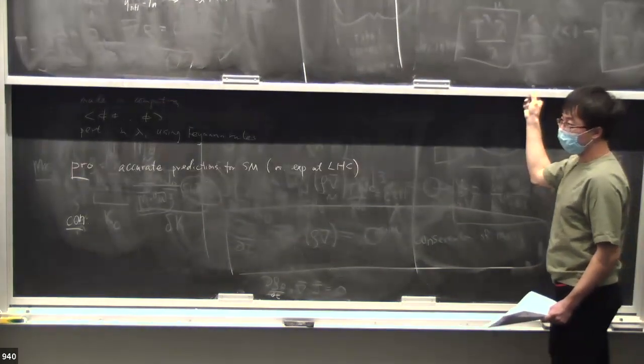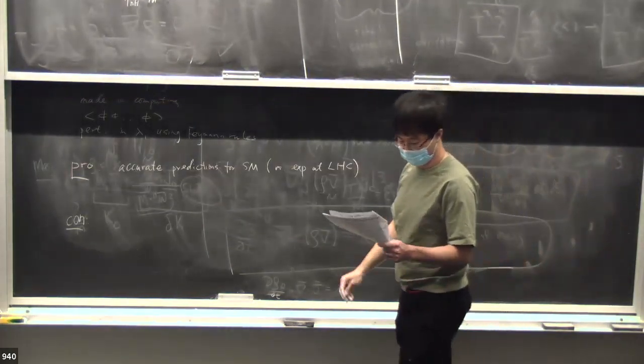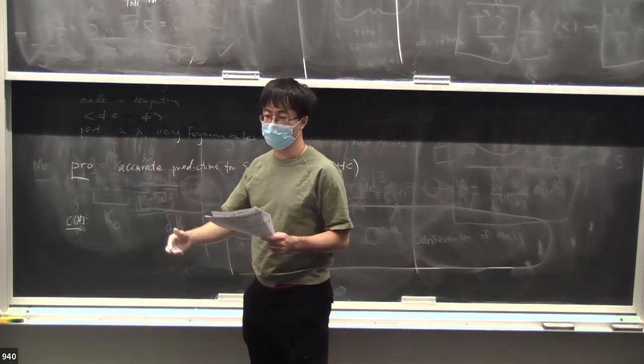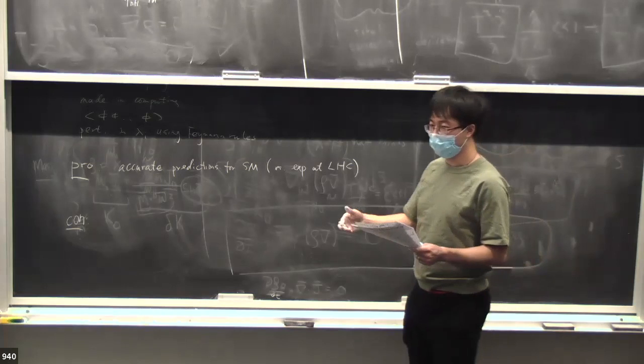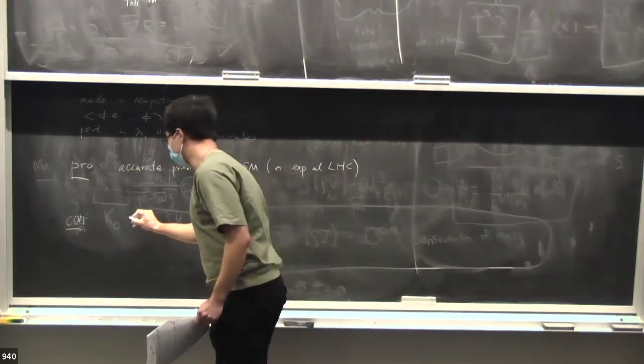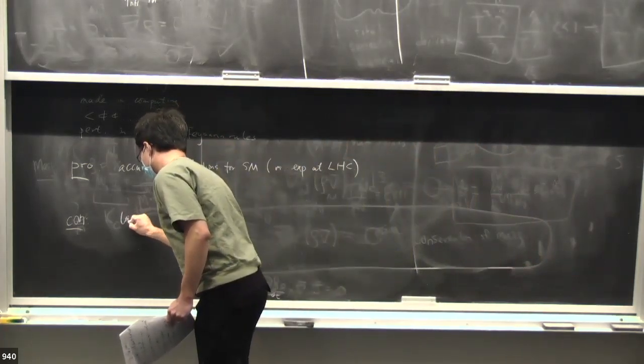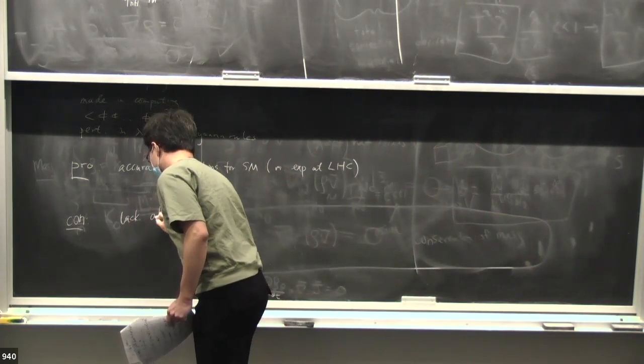But the finite lambda dependence of this function is important. For example, the interesting phase transitions in this quantum field theory will happen at finite lambda. So in order to understand these phase transitions, we need to understand these functions at finite lambda.